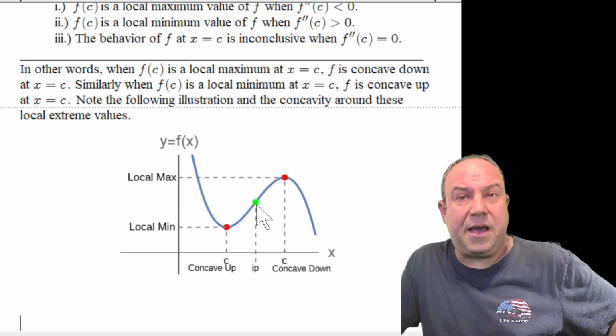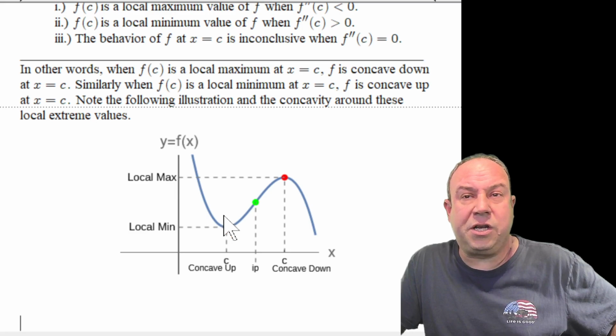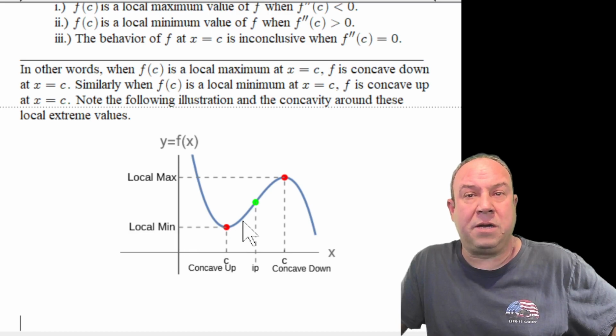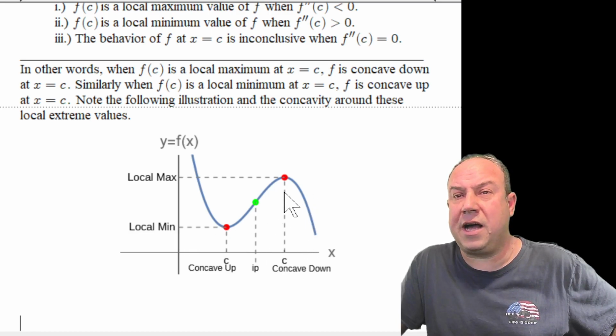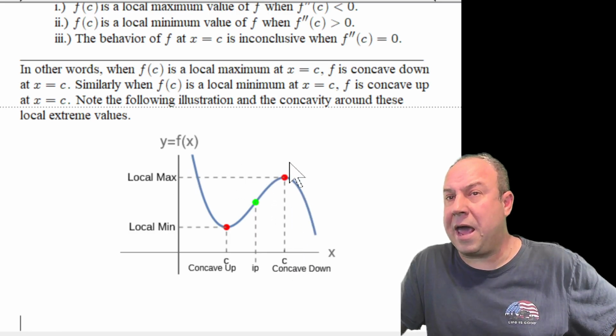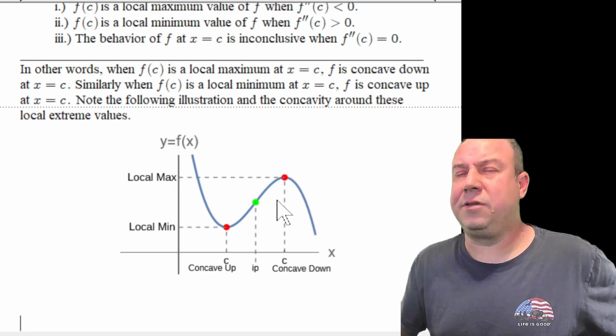That would be right there, where we can see a local minimum will be in this region where we are concave up, and at C we certainly have a local minimum value. And here at this C, in this region where we're concave down, we do have at C a local maximum value. That's what the second derivative test for local extreme values is looking at.